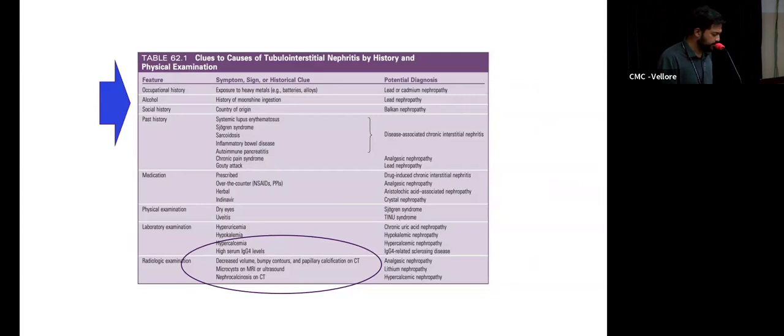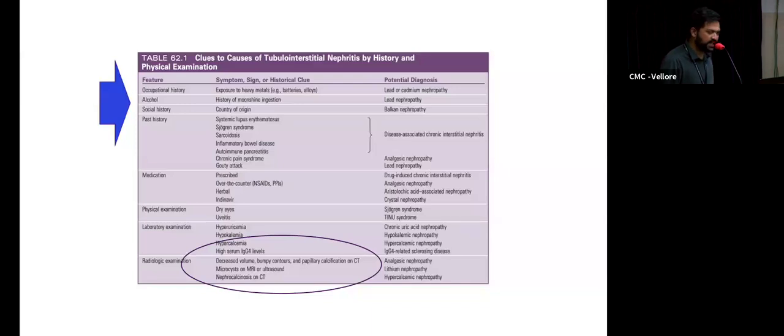Starting from occupational history, you do ask about heavy metals, batteries and alloys, lead or cadmium. Lead nephropathy is usually seen in patients who are consuming moonshine liquor. Alcohol, history of moonshine ingestion, as I mentioned.